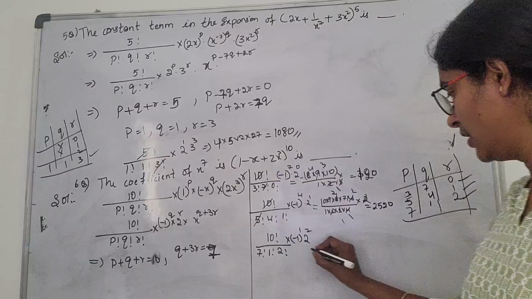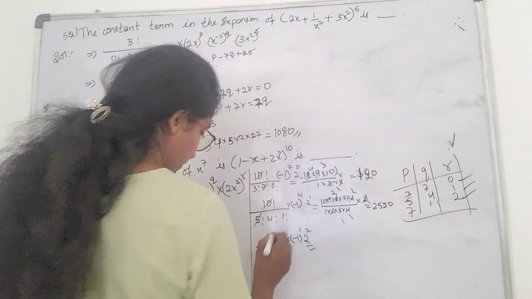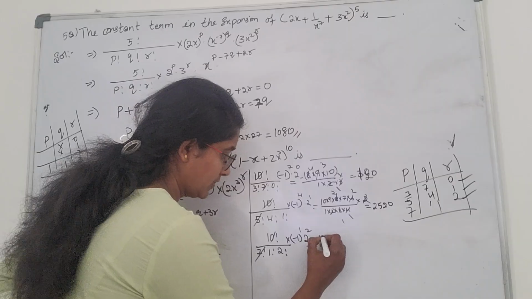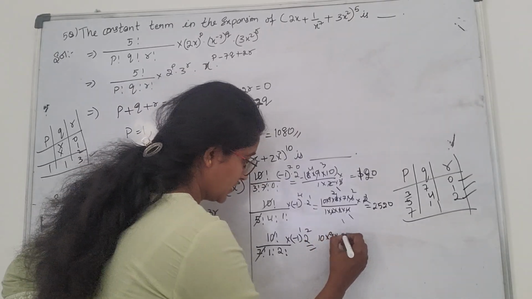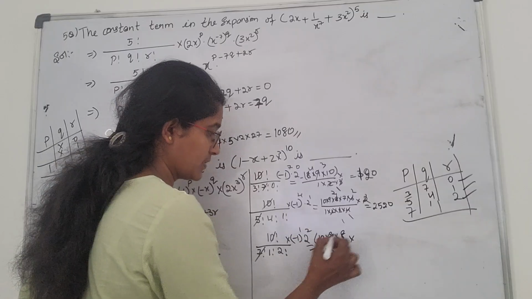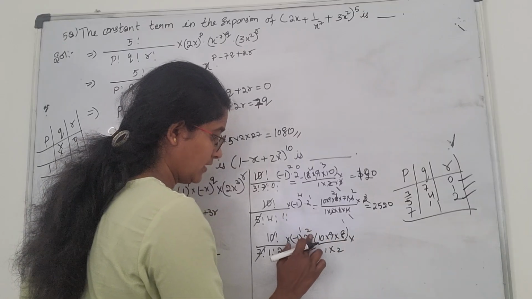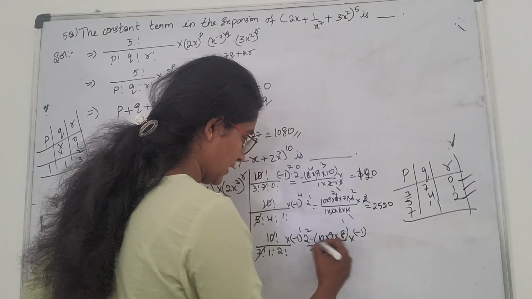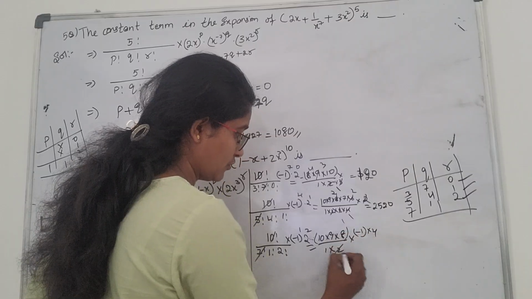2520. And here also 7 factorial, and if I cancel it, what is left over? 10, 9, 8 by 2 factorial, 1 into 2, into minus 1 power of this is minus. So minus 1 and 2 power 2 is 4. 2 ones, 2 twos.